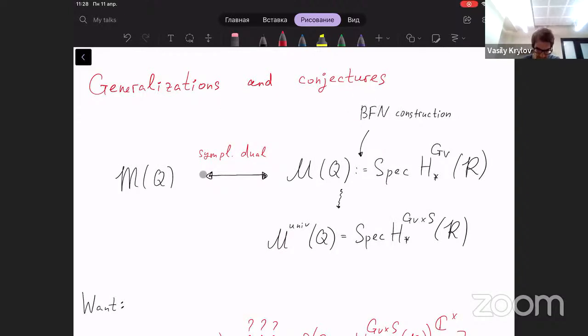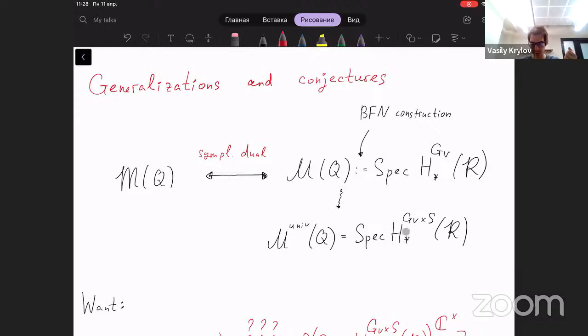In principle, we can start from an arbitrary equivariety M of Q. Then the symplectically dual side will be the so-called Coulomb branch, which was mathematically defined by Braverman, Finkelberg, Nakajima as the spectrum of a certain equivariant Borel-Moore homology of some variety of triples R. I'm not giving definitions. And the universal deformation of this M of Q also has a similar description.